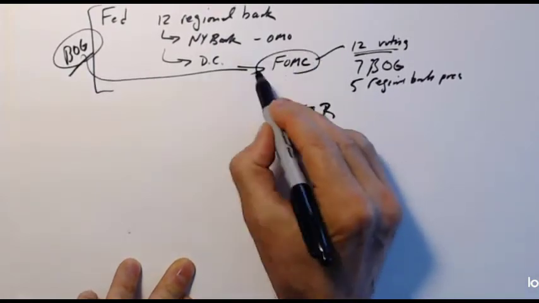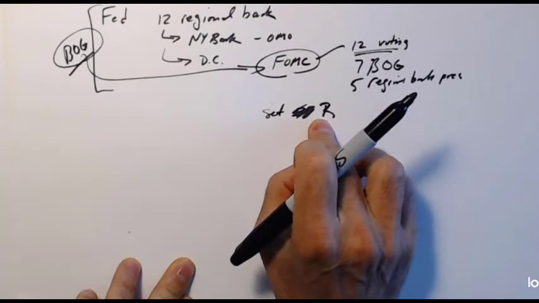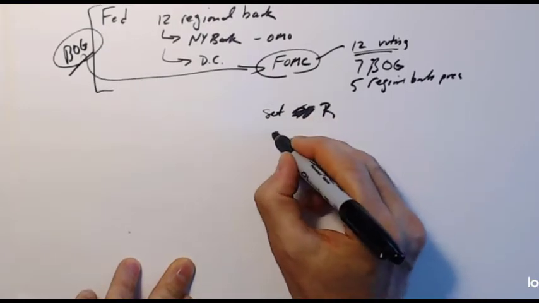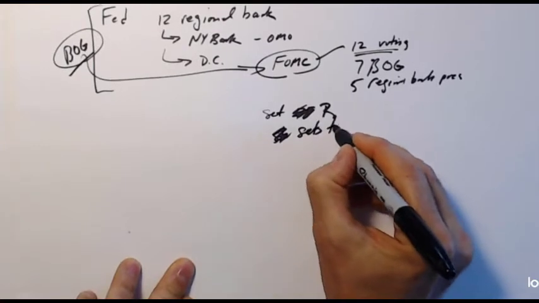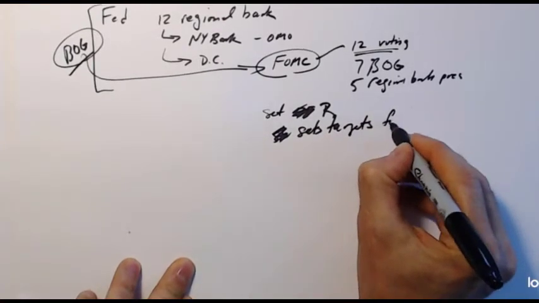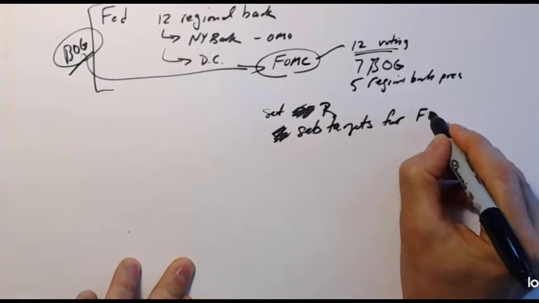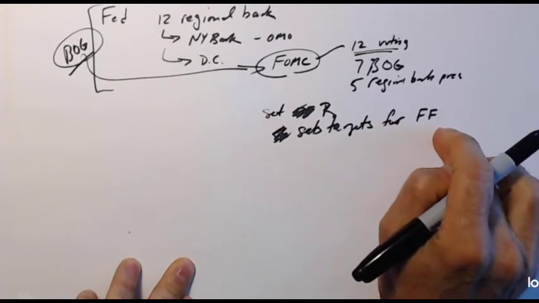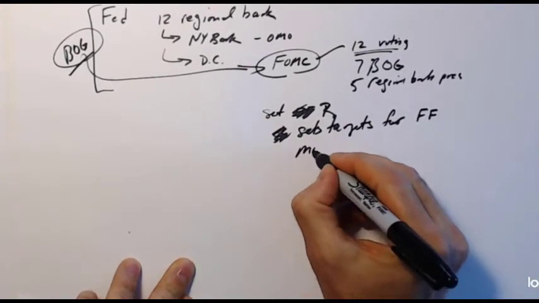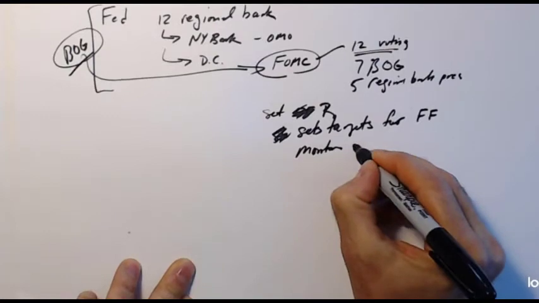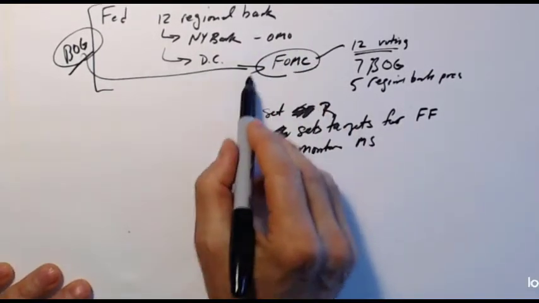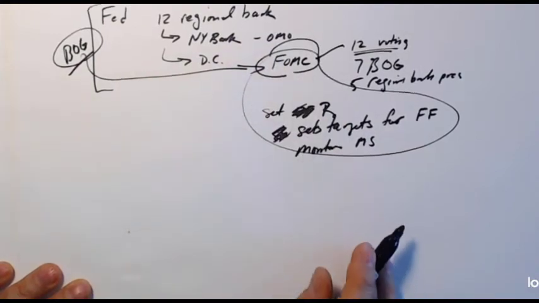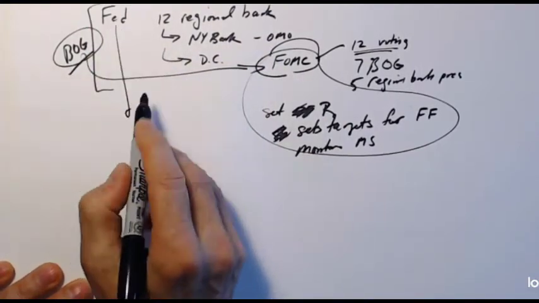So the FOMC controls the reserve requirements. It sets targets for the Fed funds interest rate, which I'll talk about shortly, and it monitors the money supply.